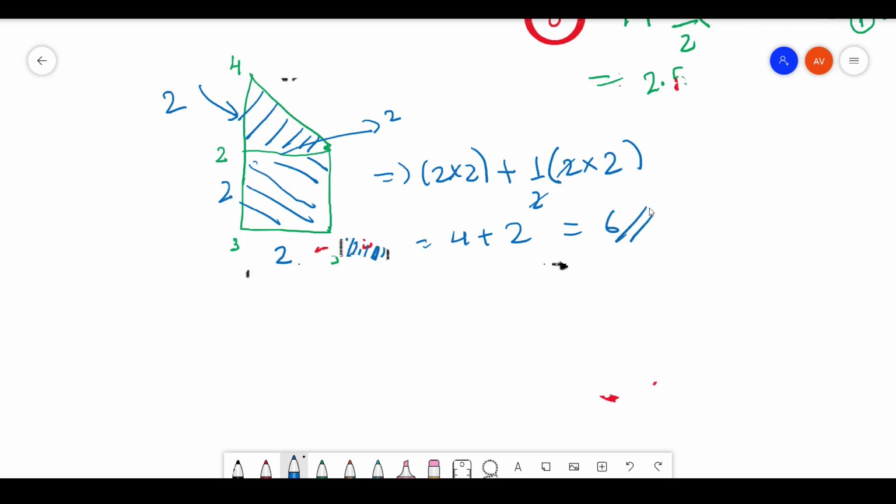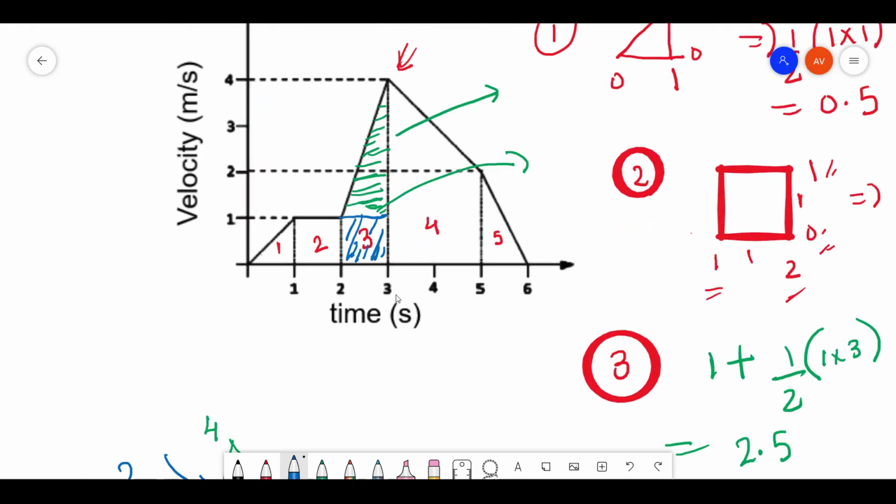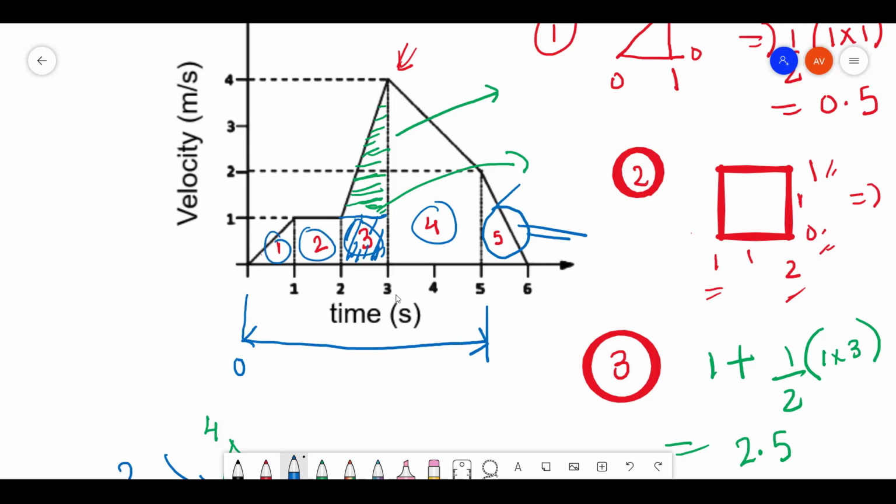Now the important thing to notice here is that they have asked for the distance covered till 5 seconds only, so 0 to 5 seconds. So you don't need this particular case; you just need the areas of 1, 2, 3 and 4. You don't need the fifth one. So let's add all the areas.